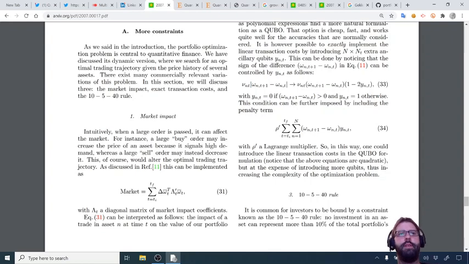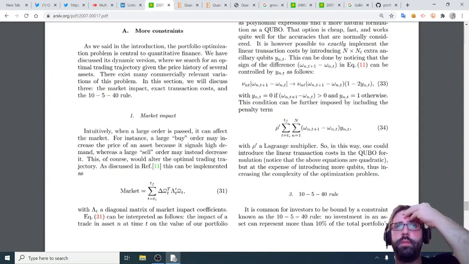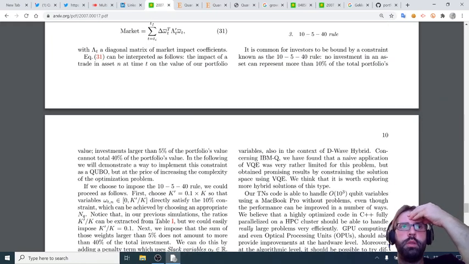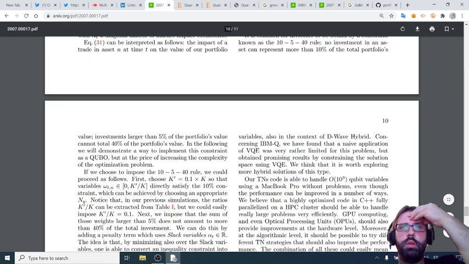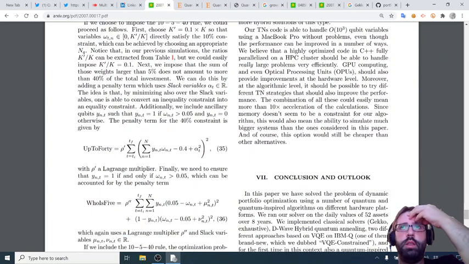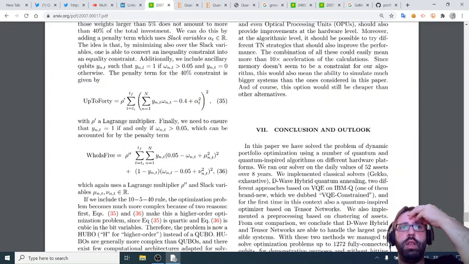So they add another piece of data in there. This is really detailed.